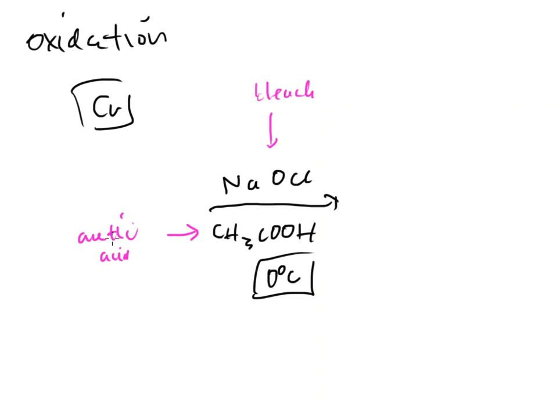There's no difference. So once again, if you have a secondary alcohol, you will make a ketone. If you have a primary, that will go to an aldehyde. There's no difference in what we've just learned with the chromium as there is with the bleach. There's no difference at all.